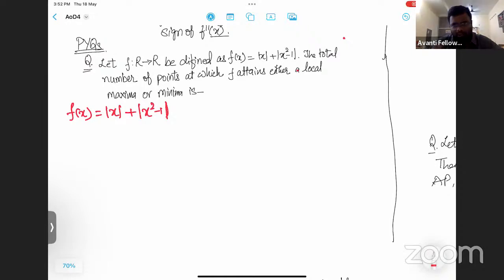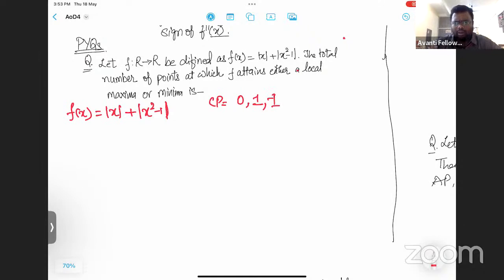First, we need to simplify this function and get rid of the mod. Mod changes its values across its critical point where it gets 0. So what are the critical points here? 0, and also, since it is mod of x square minus 1, x is equal to plus minus 1. So we have 3 critical points here, right?